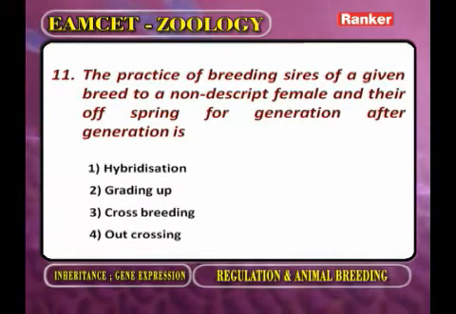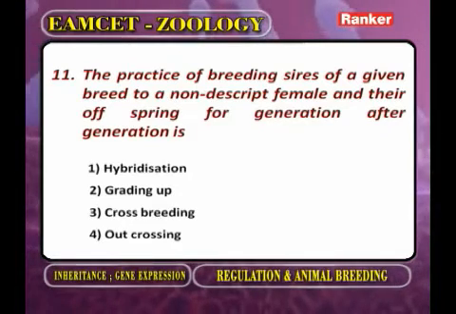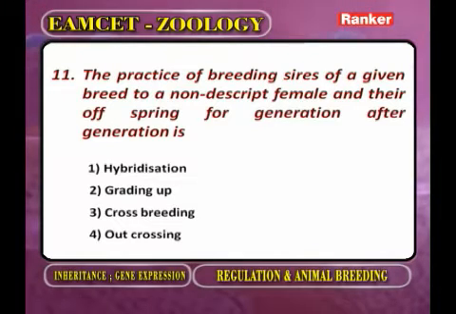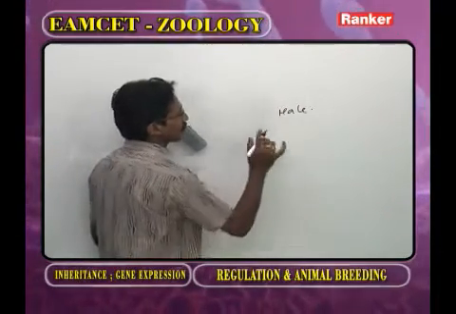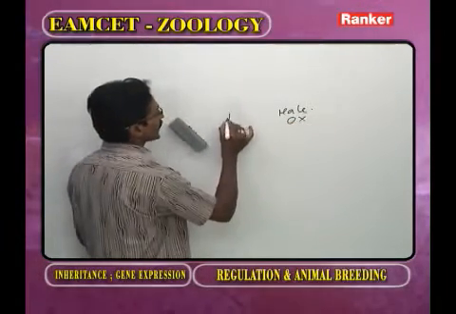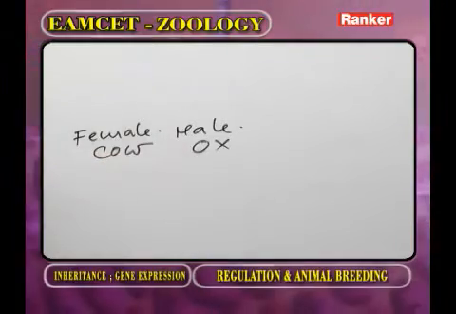the practice of breeding sires of a given breed to a non-descriptive female and their offspring for generation after generation. Now we have to observe the cross. This is one male individual. Now it is considered as ox. Now this is one female individual considered as cow.